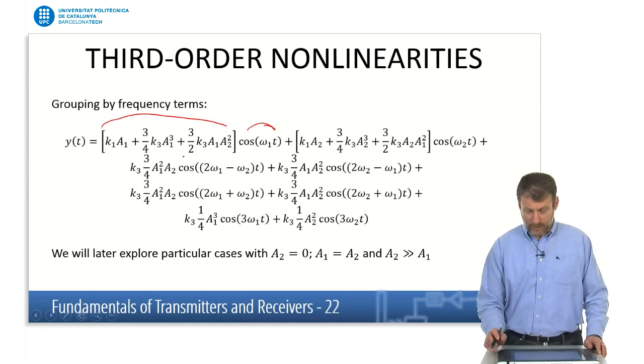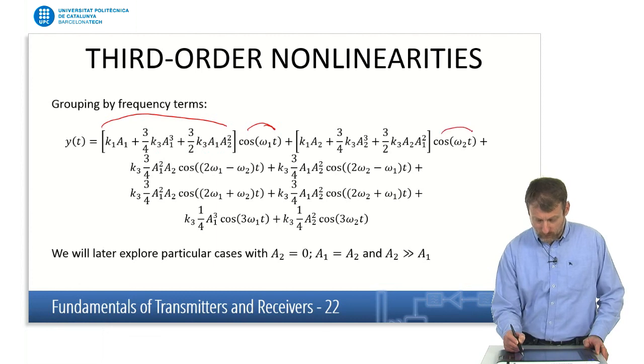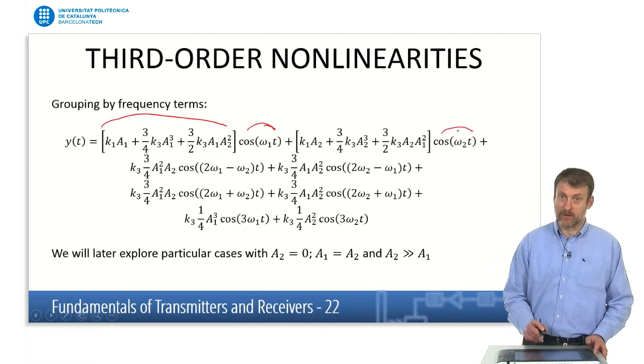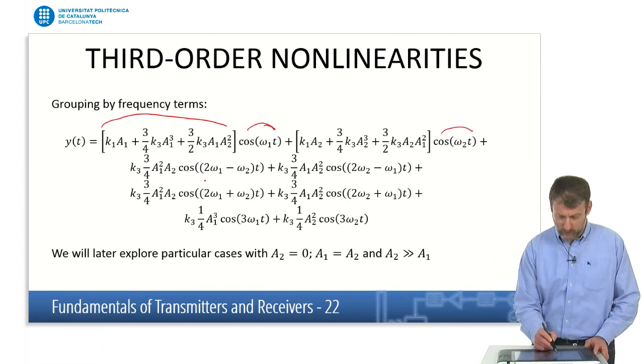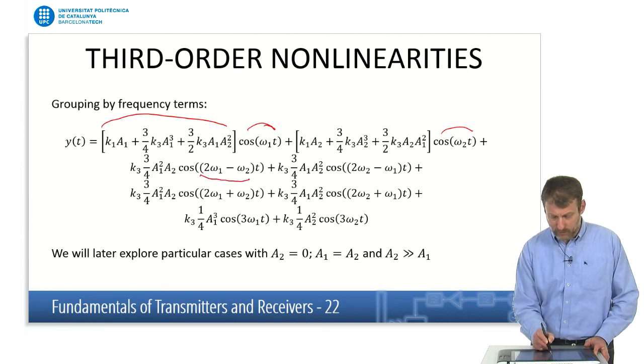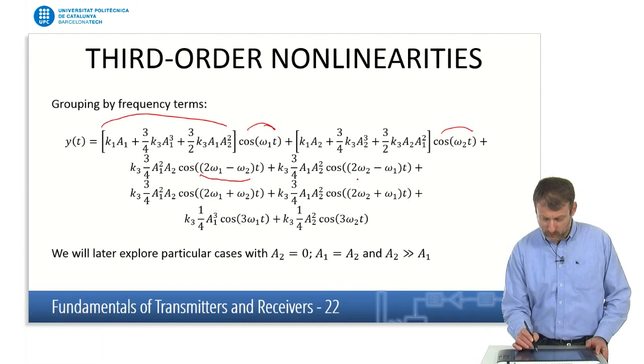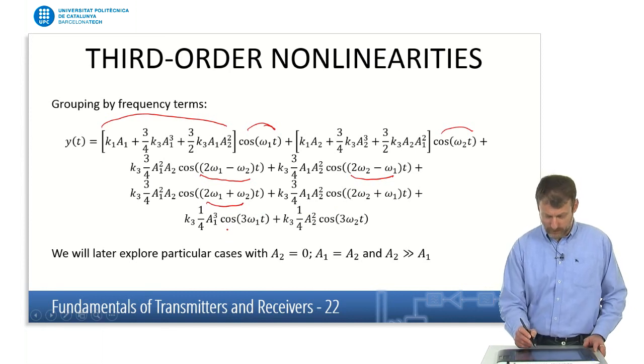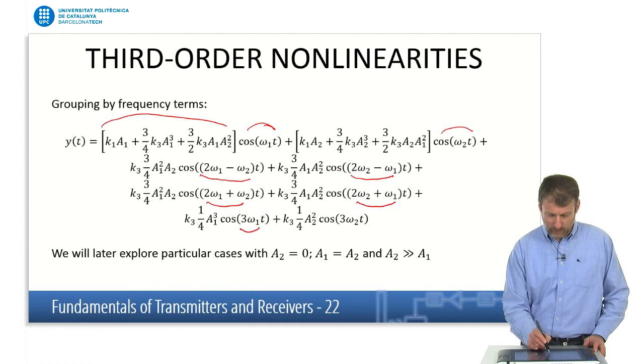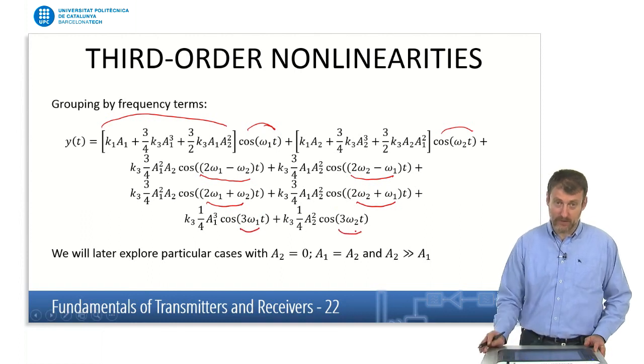And likewise, this is done for all the possible frequency terms. There's a term in cosine omega 2, a term in 2 omega 1 minus omega 2, a term 2 omega 2 minus omega 1, a term 2 omega 1 plus omega 2, and a term 2 omega 2 plus omega 1, and then other terms at the triple frequencies.